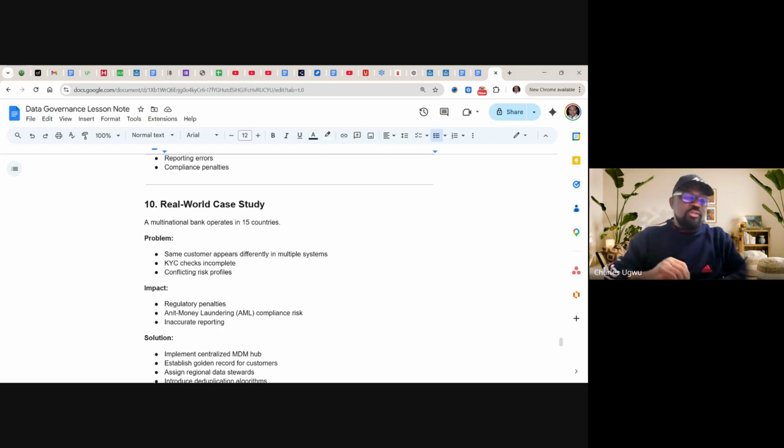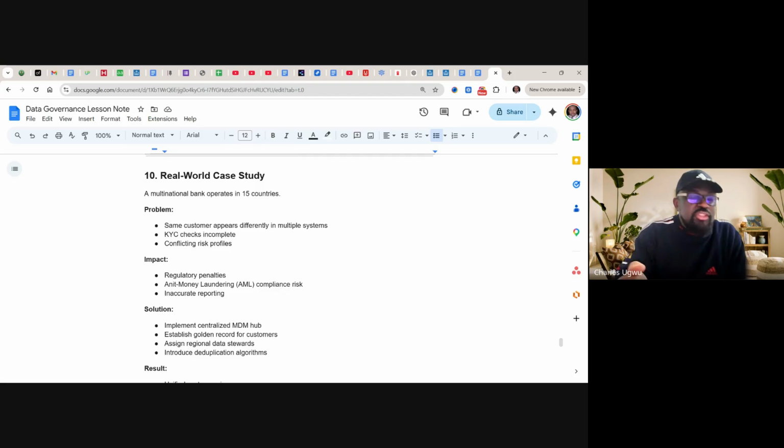But this is what master data management can do: a bank like that can adopt a measure to make sure we have uniformity of data. A customer does not need to have a separate identity. I have an account in Zenith Bank Nigeria, and I have an account in Zenith Bank London, and I'm using different names.